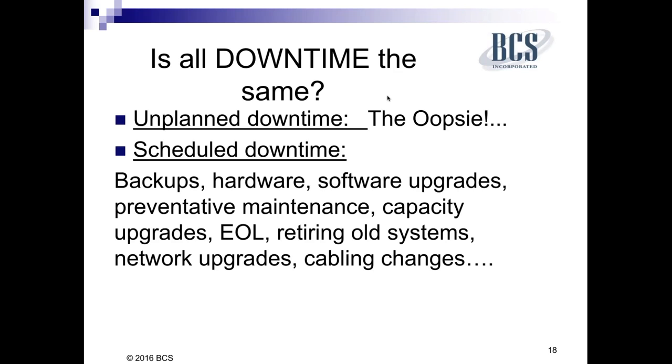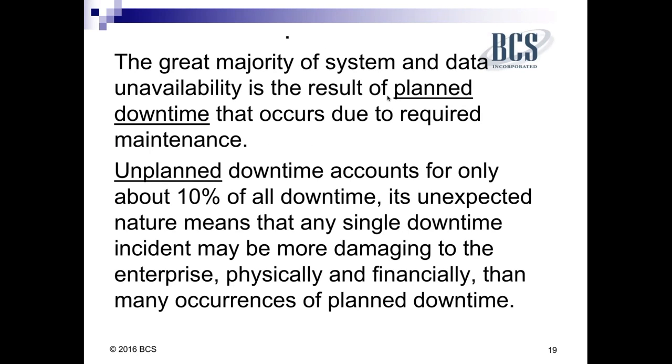Next slide. It would be surprising, and this comes out of that UK study that I'd mentioned, a huge amount of that unavailability is a result of us planning for downtime to do maintenance or take systems offline or to upgrade, a regular portion of our responsibility. That's 90% based on some industry study. Whereas unplanned downtime, the oopsie, only accounts for 10%.